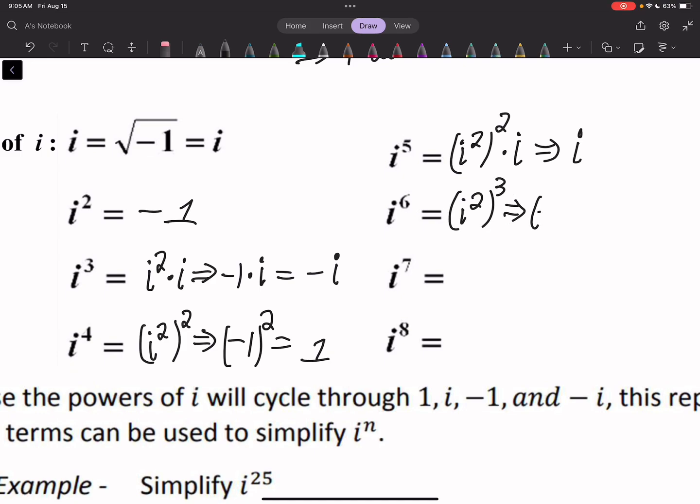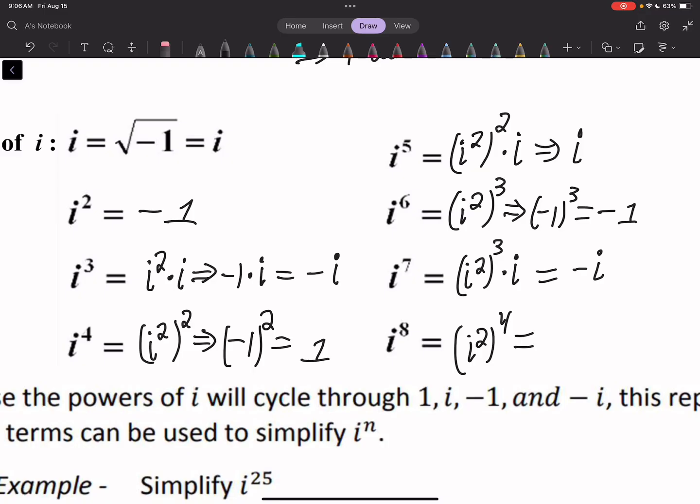This is going to give me negative 1 to the third, which is negative 1. i squared to the third times i is equal to negative i. i squared to the fourth, that's negative 1 to the fourth, or positive 1.